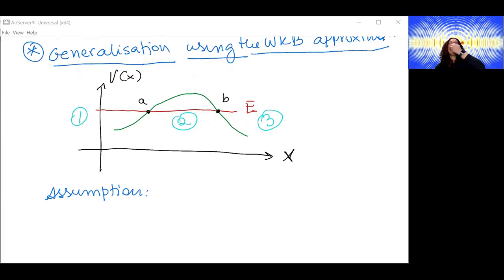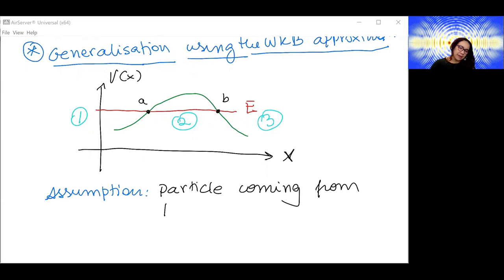So we're going to have the following situation: the particle is coming from the left. At some point you have to make some assumptions, and it is traveling from the classically allowed region 1.